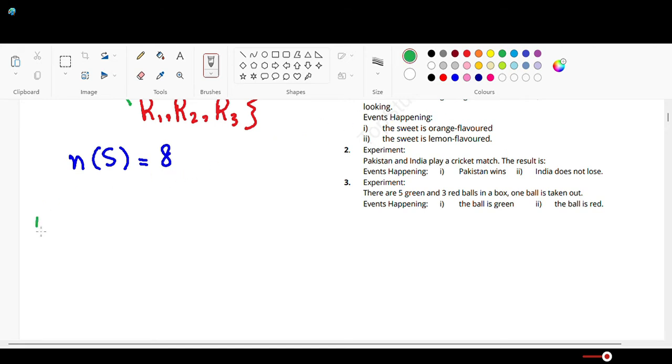I'm going to write event A again. I'm naming it event A. I know it's kind of lame, but maybe we'll switch it up in the next question. Anyway, event A is that the ball is green.